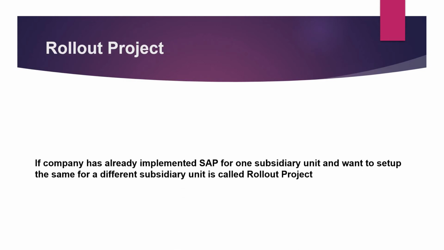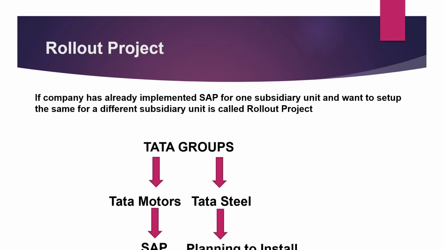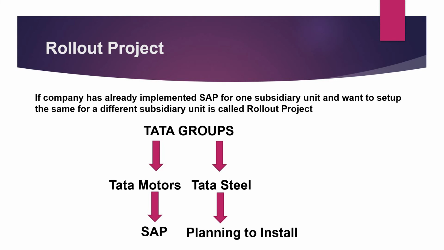Coming on to the next thing, the rollout project. So what do you mean by the rollout project? For example, there is a main company named Tata Group, and there are various subsidiaries of the Tata Group, for example Tata Finance, Tata Logistics, Tata Motors. Out of these, Tata Finance and Tata Logistics have already implemented the SAP system in their company, and now Tata Motors wants to shift from the Tally system to the SAP system.